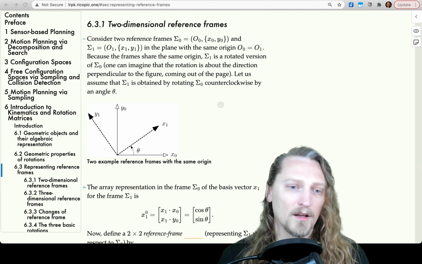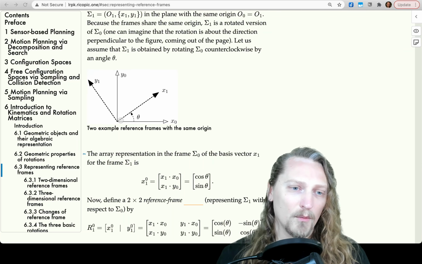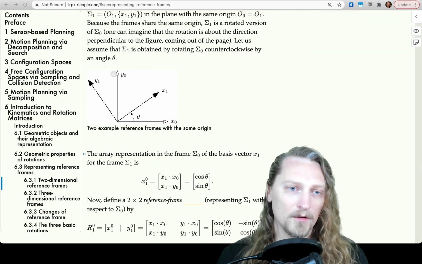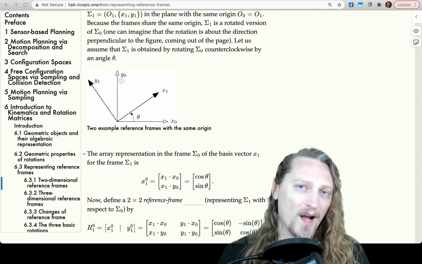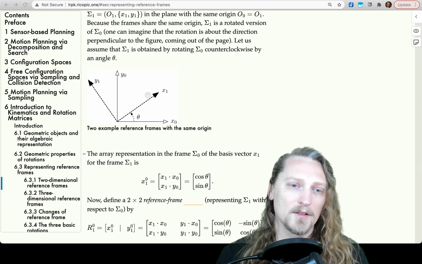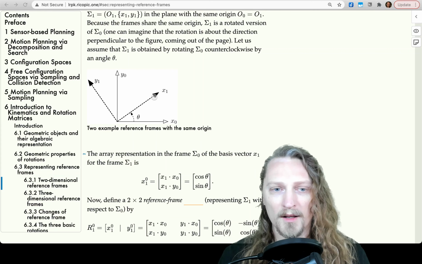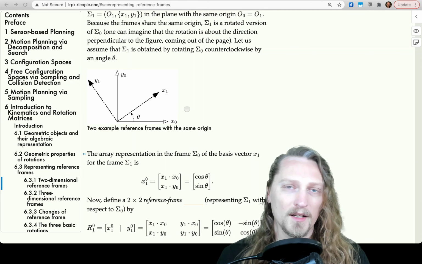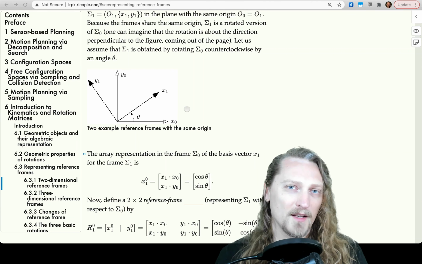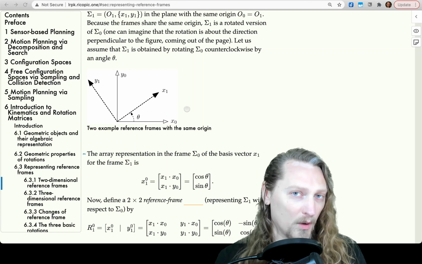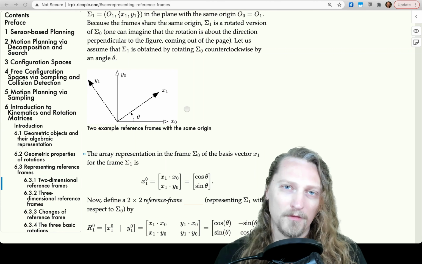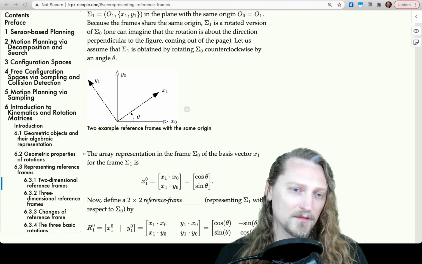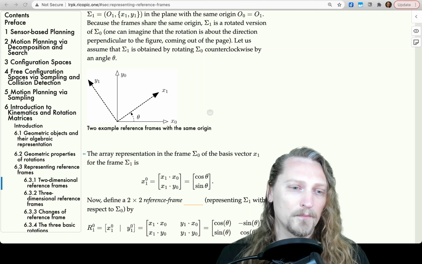So we see here a representation of that, where we have sigma 0 with its x0, y0, and we see sigma 1 with its x1 and y1. The angle that sigma 1 is rotated from sigma 0 is shown to be theta. Okay.